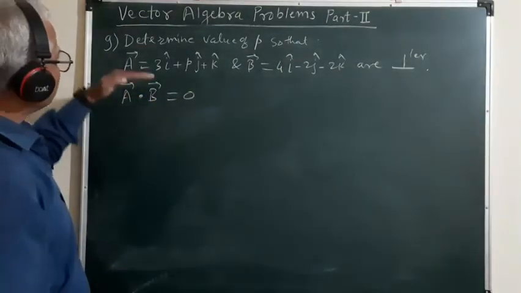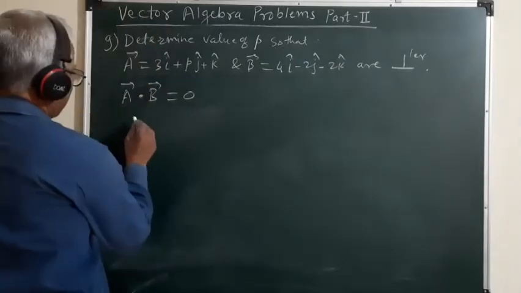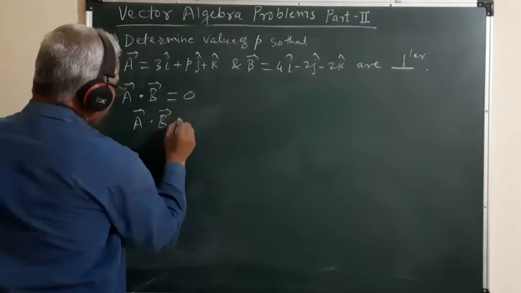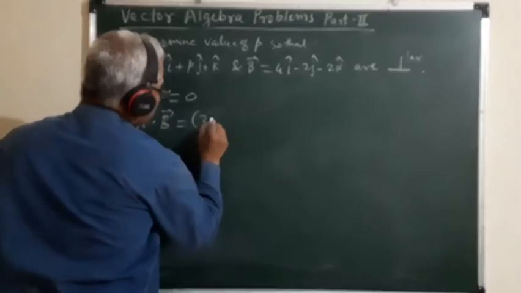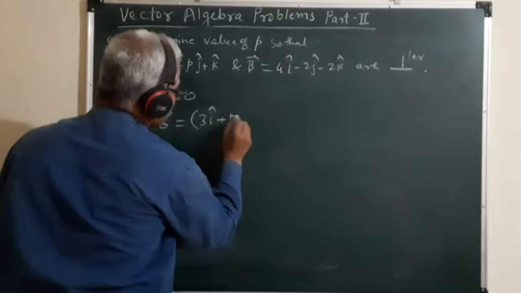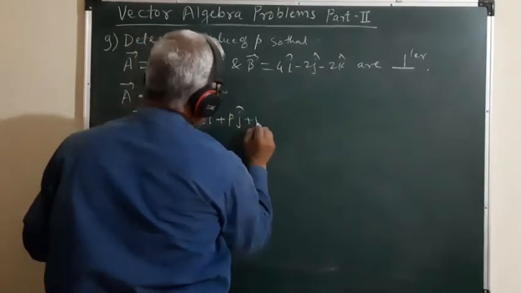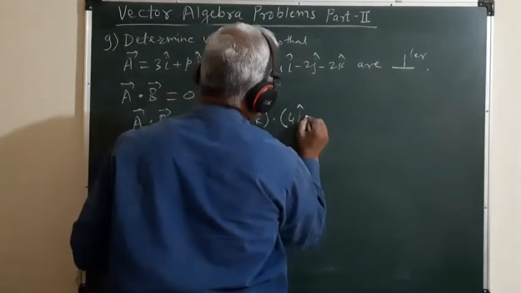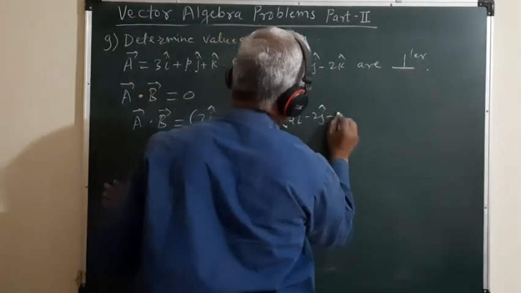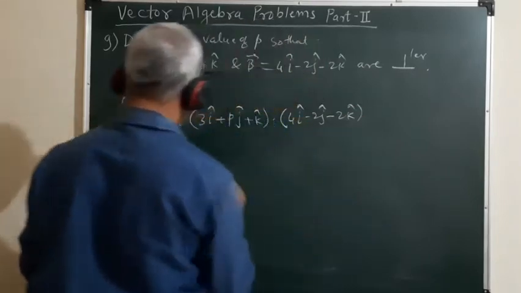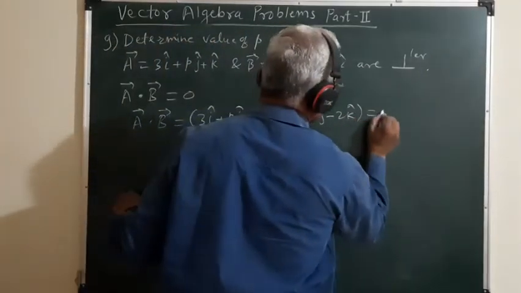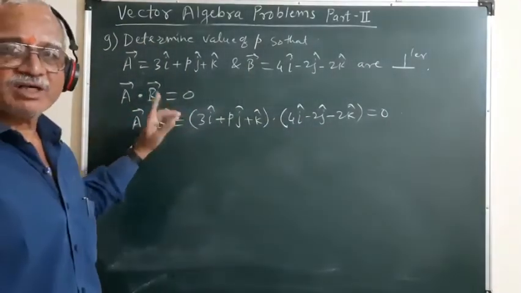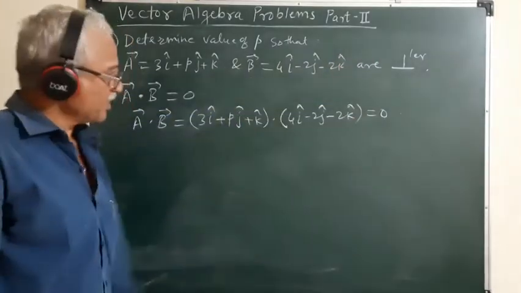So let us evaluate the dot product of the two given vectors. A bar dot B bar is equal to 3i cap plus pj cap plus k cap dot 4i cap minus 2j cap minus 2k cap, and this must be equal to 0 in order that the vectors A bar and B bar are perpendicular to each other.